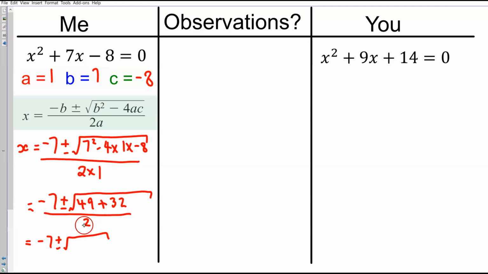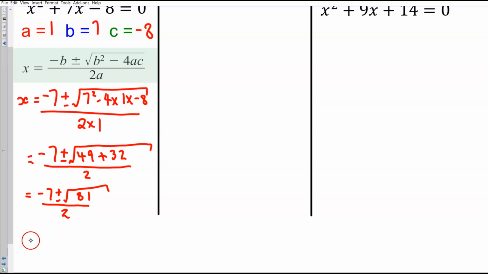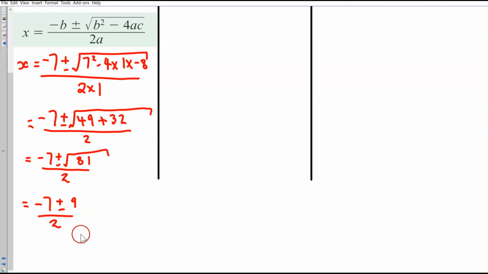I need to add 49 and 32, that's 81. Now, hopefully you've spotted this is a square number, so I don't need a calculator. Now I could just work that out.